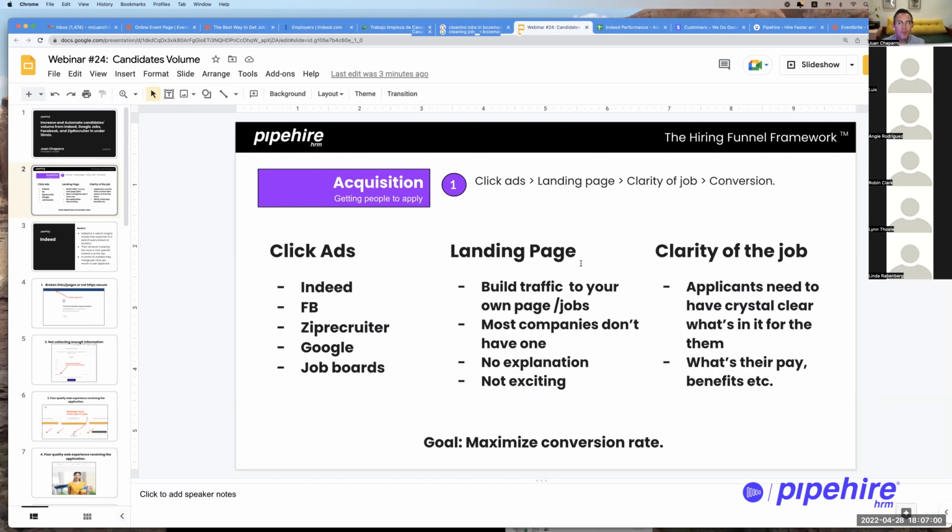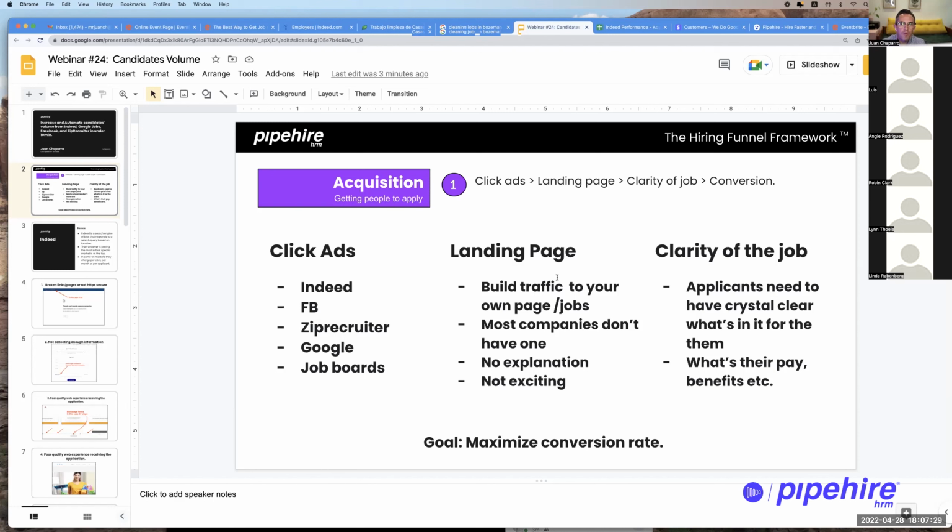We need to build good pages with good content about our specific job. It doesn't do any good to have the same page for everyone. I see a lot of people having the same website with the same video, the same person, trying to sell the job. So you need to have a unique page about your company, about your job, about what's unique about your culture. The acquisition part really starts here, not only by spending a lot more money on whatever site you have.